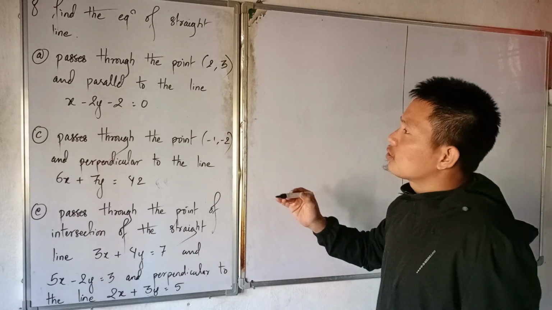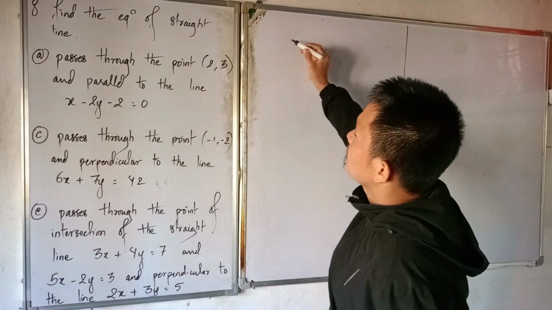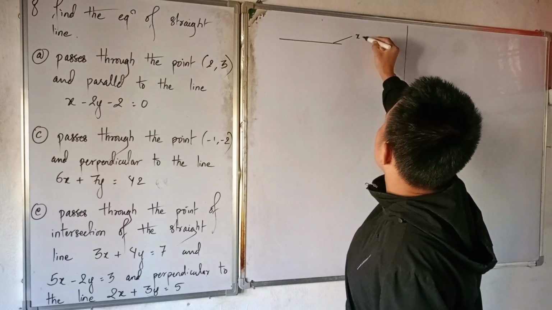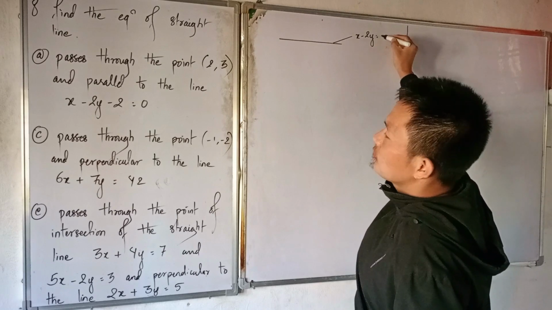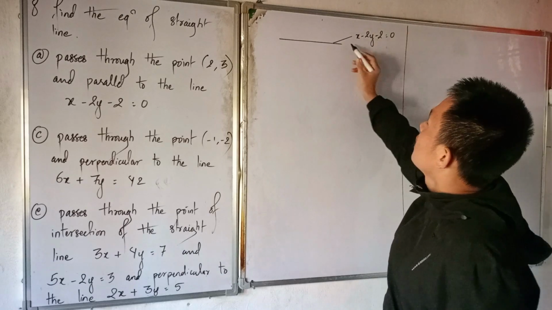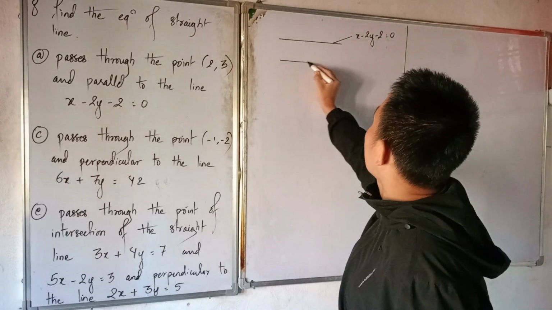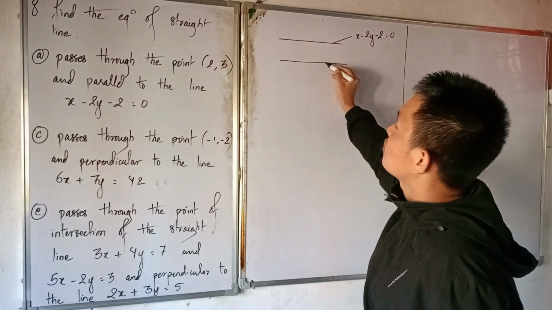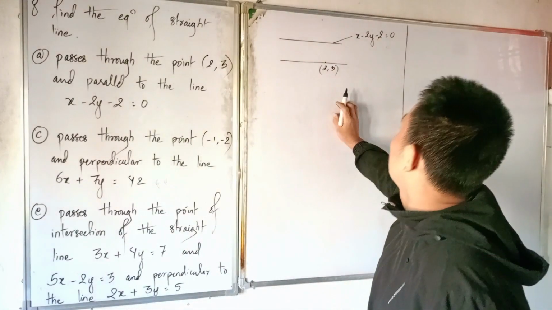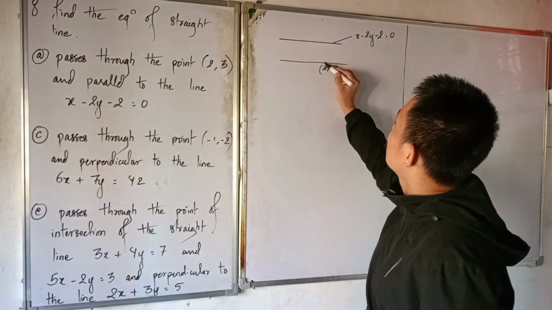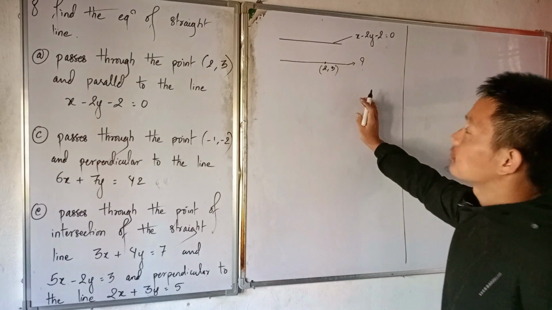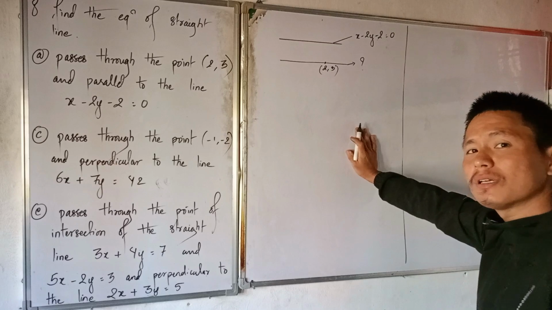I'll try to make it clear with this figure. There is one line, x minus 2y minus 2 equals 0. This line is parallel to another line which passes through the point (2, 3). For that, you have to find the equation of this line.